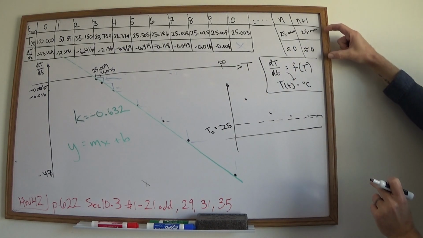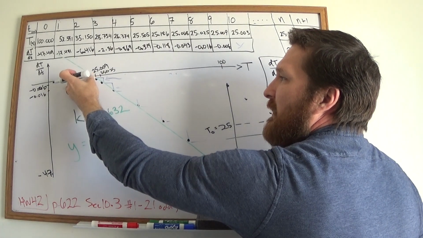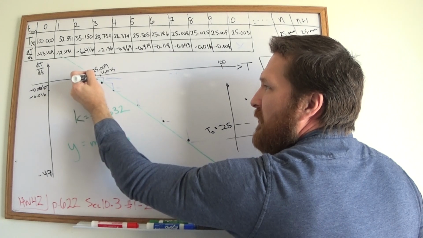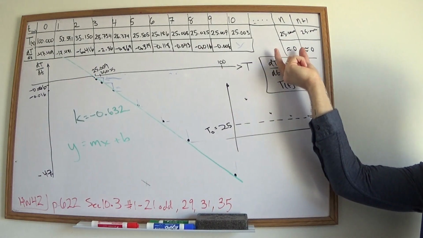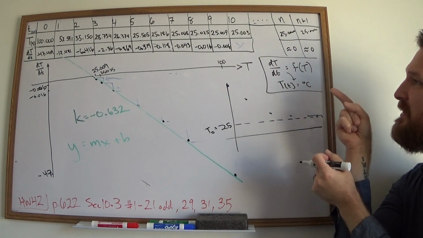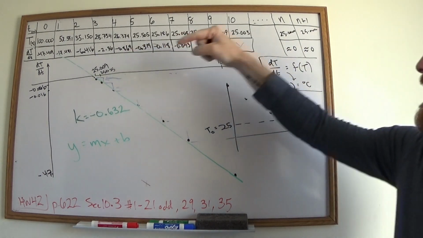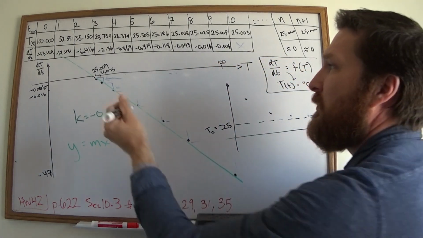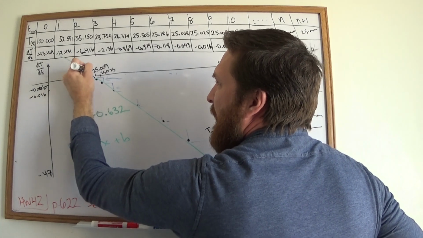So if we were to graph that, as this thing gets closer and closer to 25, we have technically infinitely many data points which are going to get closer and closer to 0 in this direction as t gets closer and closer to this value right here, which is 25.